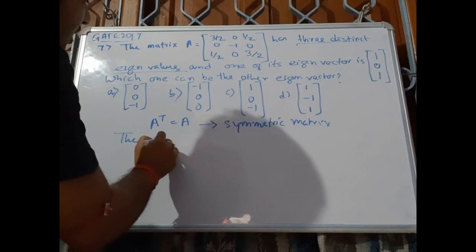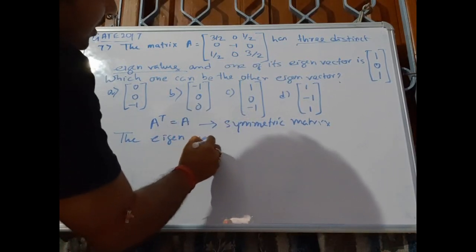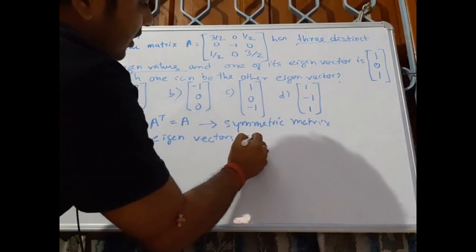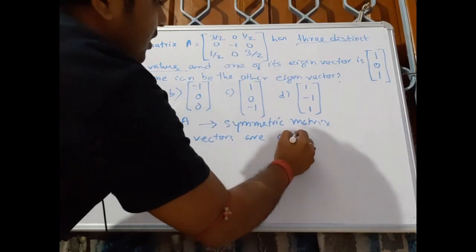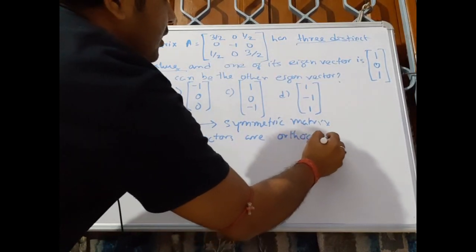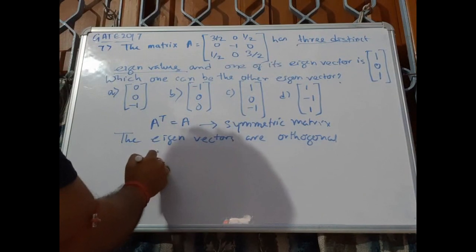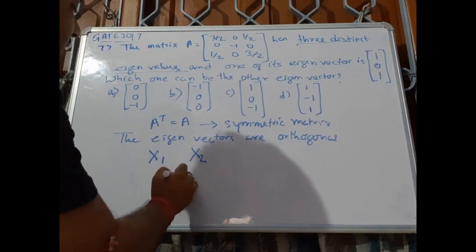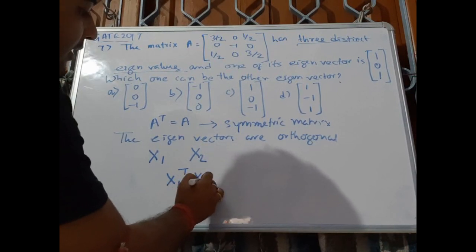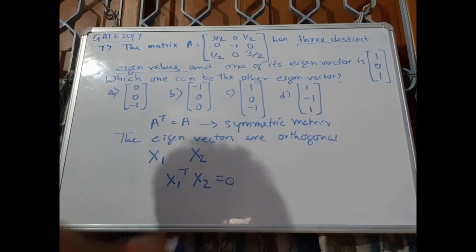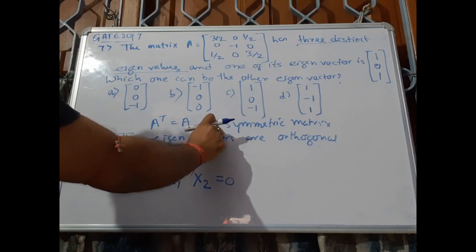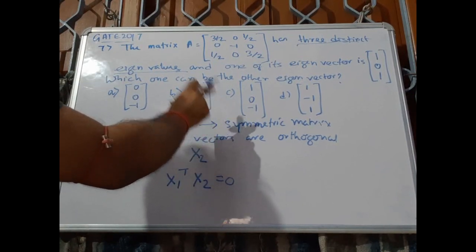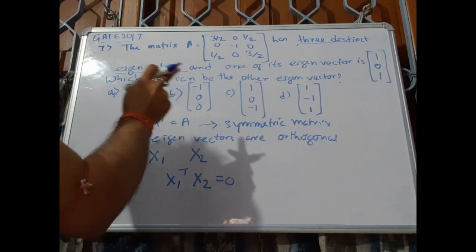Suppose x1 is an eigenvector and x2 is an eigenvector. So x1 transpose x2 must be 0. So this is the condition when a matrix is a symmetric matrix and it has three distinct eigenvalues.